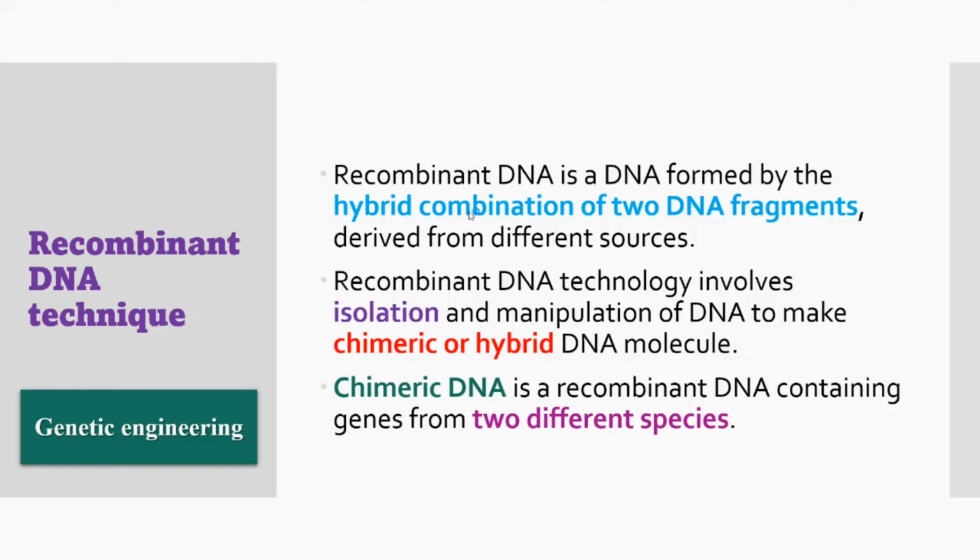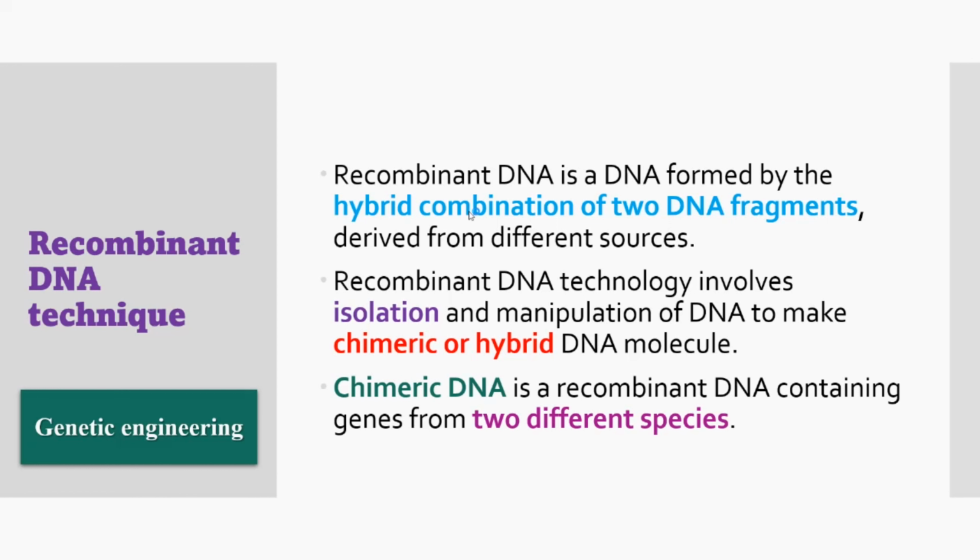So for this we need to have a DNA and the vector. Then we are combining these two. This is called hybrid DNA or chimeric DNA. Please remember, chimeric DNA is a recombinant DNA containing genes of interest from two different species.